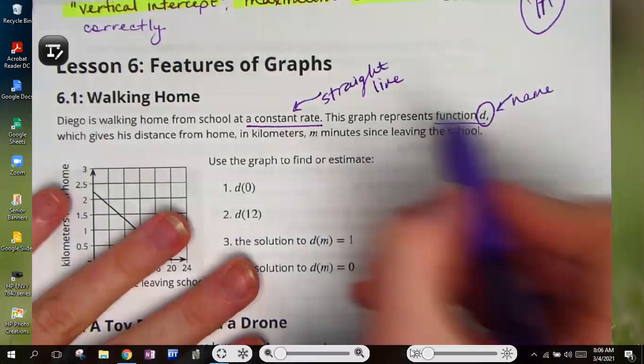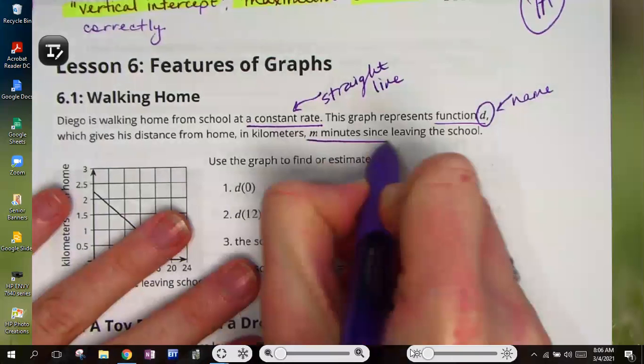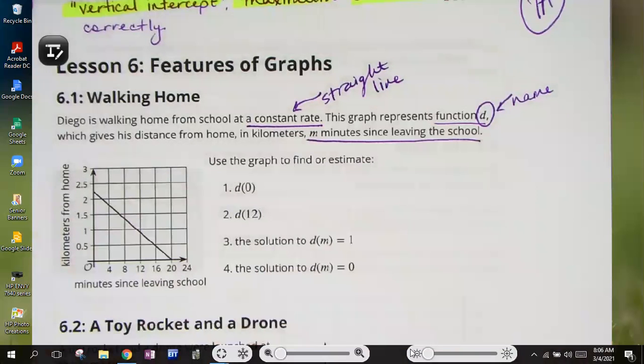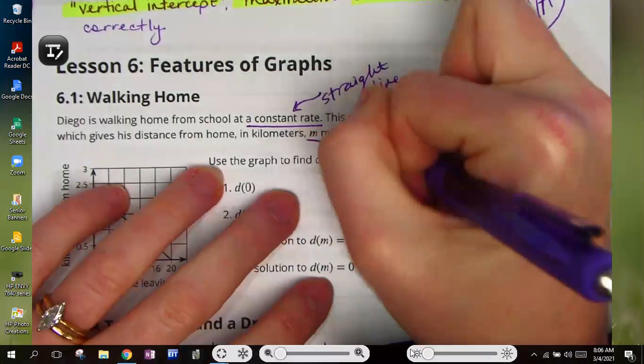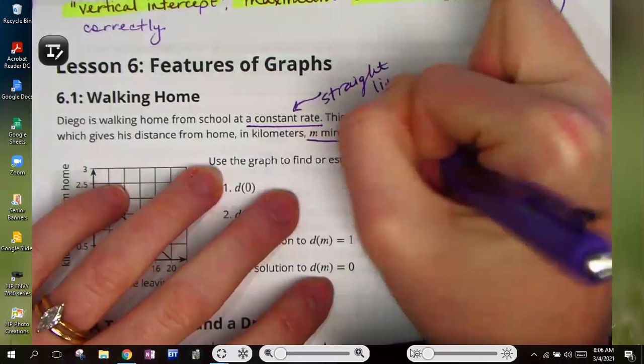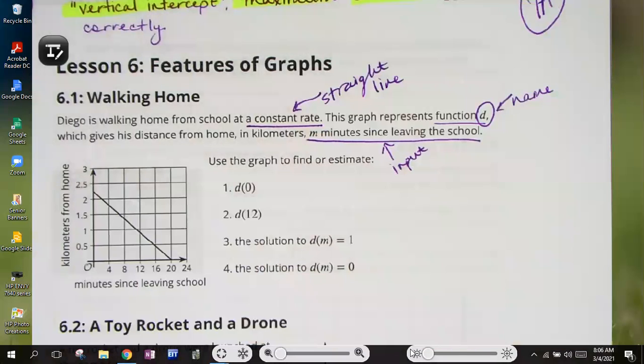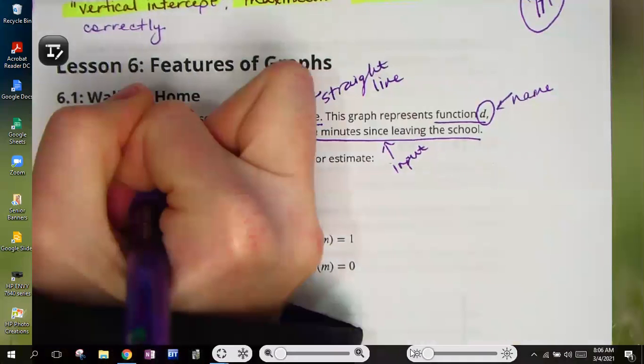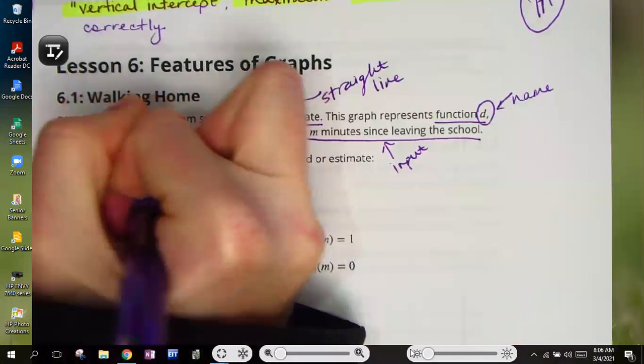Underline m minutes since leaving the school. So this is our time. That represents our input. And our output is going to be the distance from home.